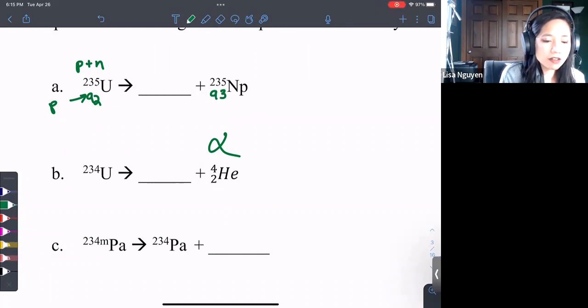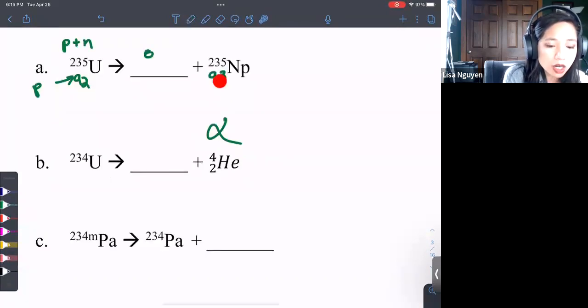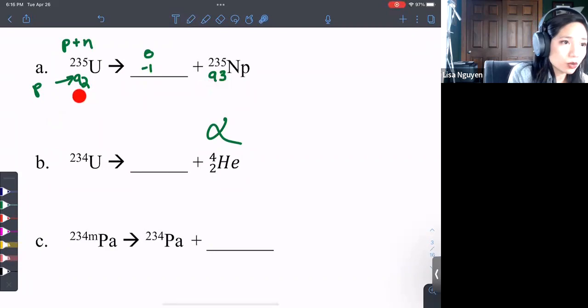Now we need to figure out the missing piece here to make everything balanced. What I look at here is that your mass numbers are the exact same. So the missing piece will have 0 mass, but the number of protons are different. In order for those to be balanced, there needs to be a -1 within there. So you can see -1 plus 93 is equal to 92.